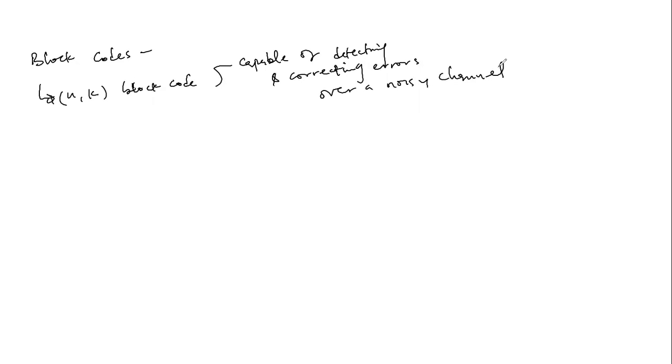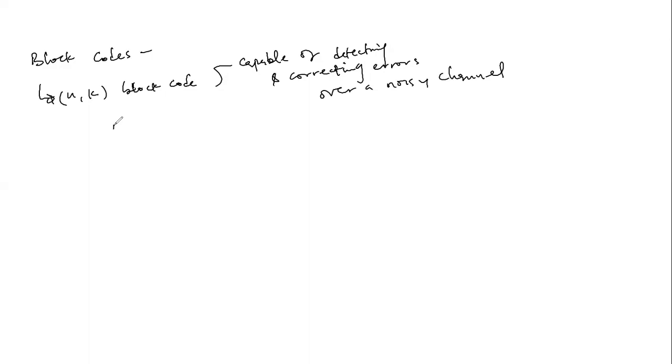So the (n, k) block code comprises information in successive k-bit blocks, to which are added n minus k redundant bits that are algebraically related to the k message bits, thereby producing an encoded block of n bits.